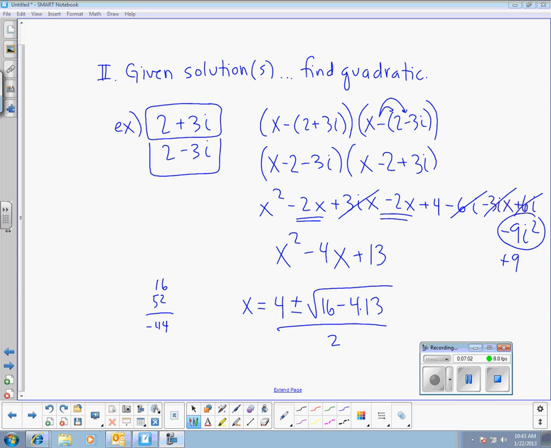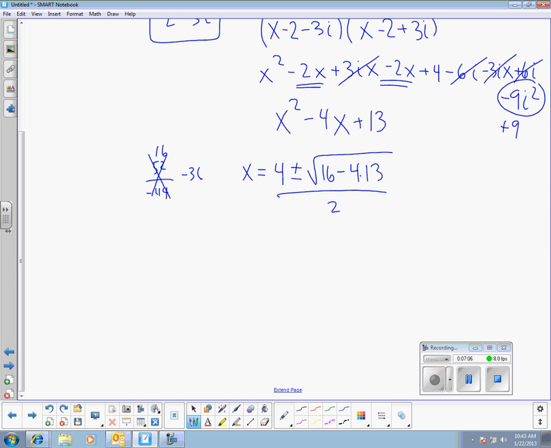Wait a second, no it's not. 16 minus 52 is negative 36. So what I have is x equals 4 plus or minus square root of negative 36, which is 6i, over 2, which is 2 plus or minus 3i. So I've just confirmed my two answers. So that's the style of question number 2, where it gives you roots and you do x minus each one and then multiply. Okay, next.